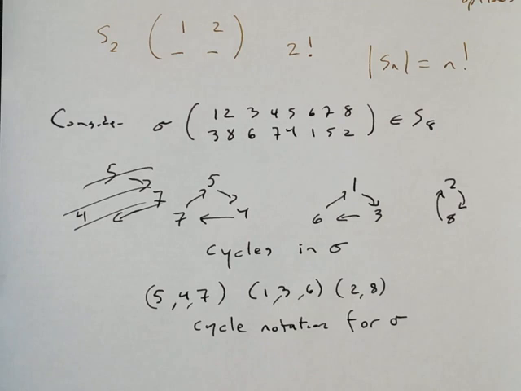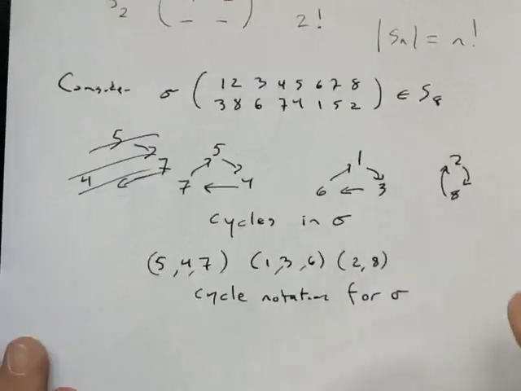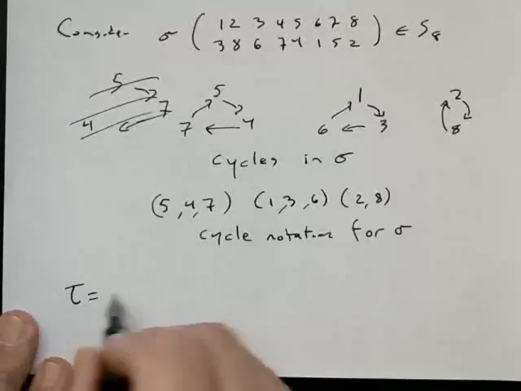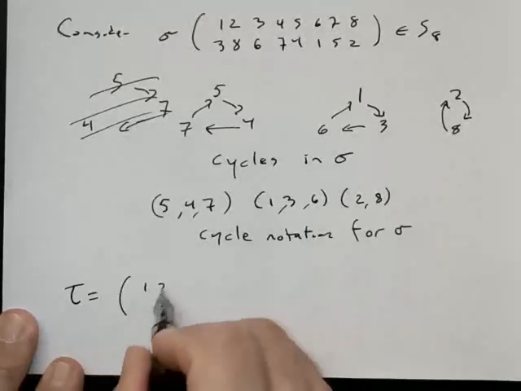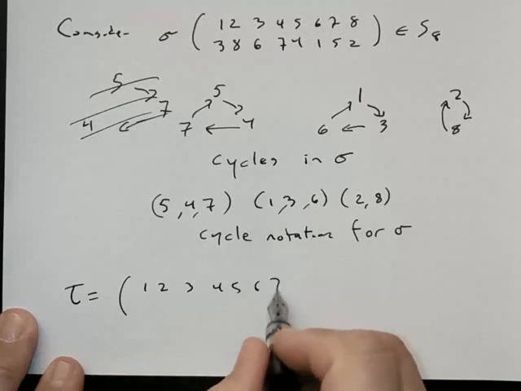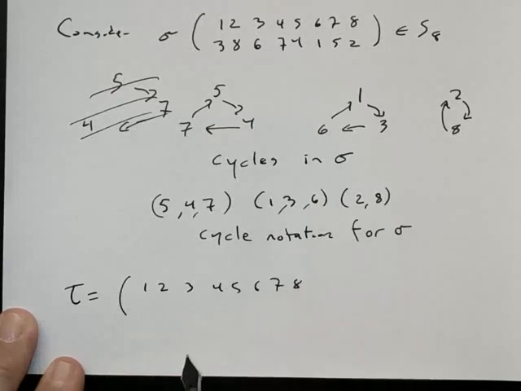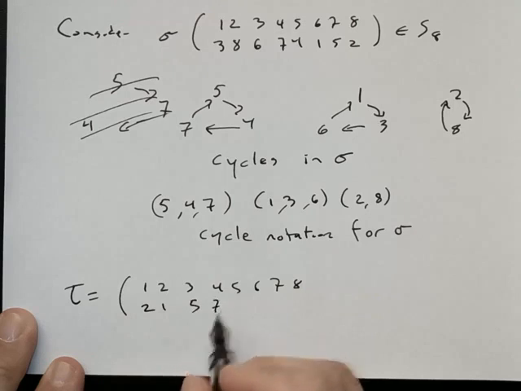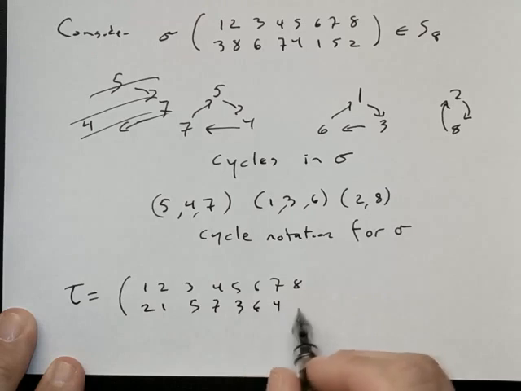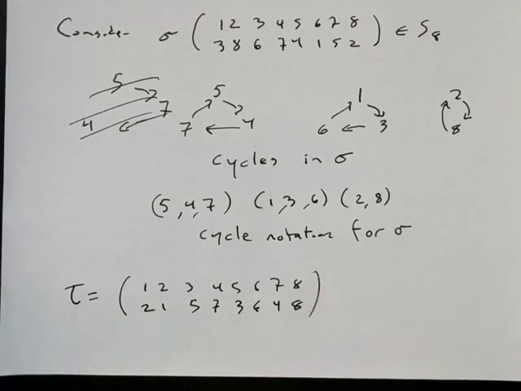A cycle must have 2 or more numbers in it. So if I have a number that goes to itself, I don't even bother to write it down. Here's tau.